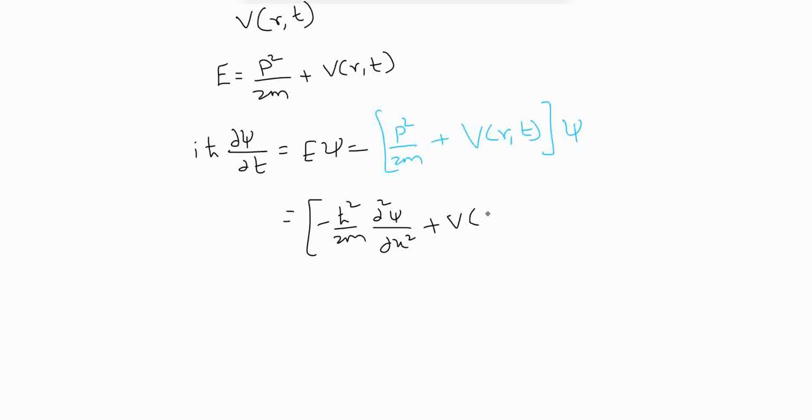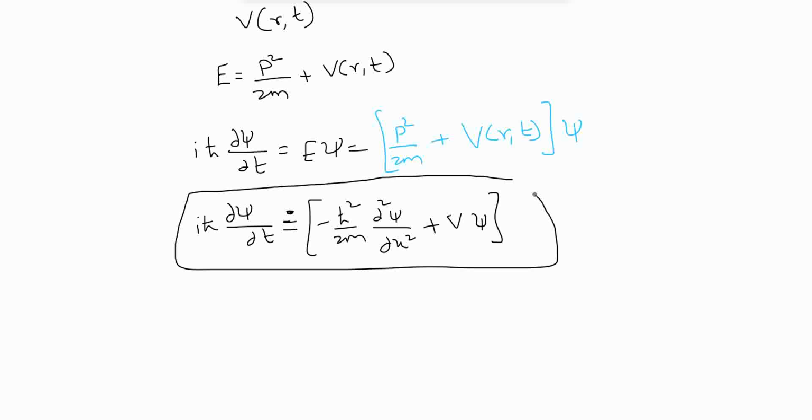Remember that V and psi both are functions of space and time coordinates, but for simplicity I'm just writing it as V psi. And here we have i h cross dou psi by dou t. So this is it. Now we have obtained the Schrodinger equation for a particle in a field.